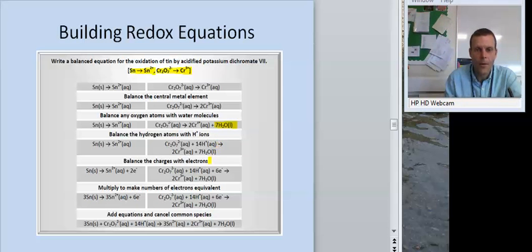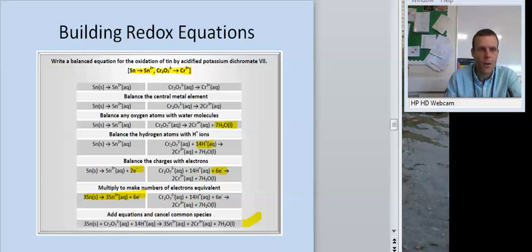Then for the H's that I've just added in, I've got to add in H+ to balance those up. Then I check through my charges and I can add in electrons to balance the charges on both sides of the equation. And then I'm going to have to scale one of them up, maybe both sometimes, but usually just one, so that when I add them together, my electrons cancel out.